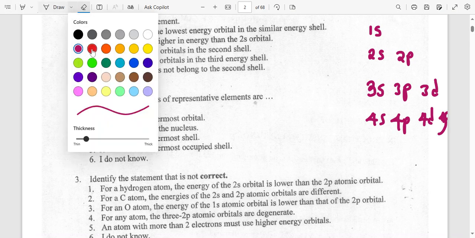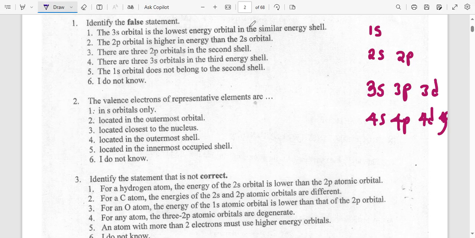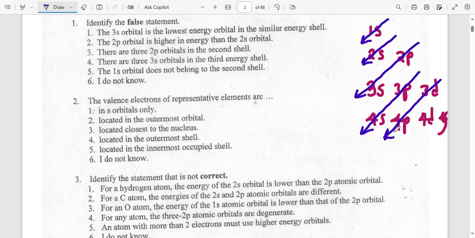How do you determine the energy level of an orbital? When you are filling orbitals, you start with the 1s, and then you fill the 2s. After the 2s, you fill the 2p, and then the 3s. After 3s, you fill the 3p and then 4s. After 4s, you fill the 3d and then 4p. So the one you fill first has lower energy.